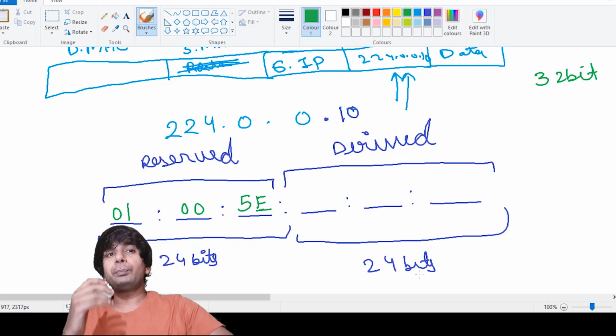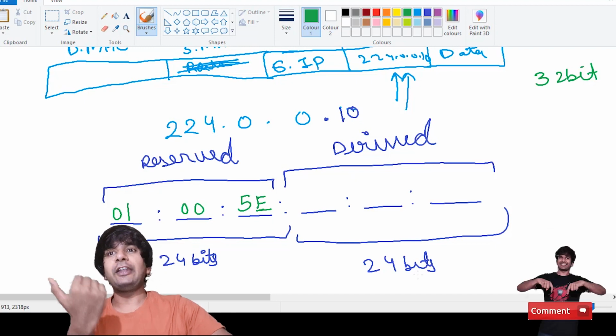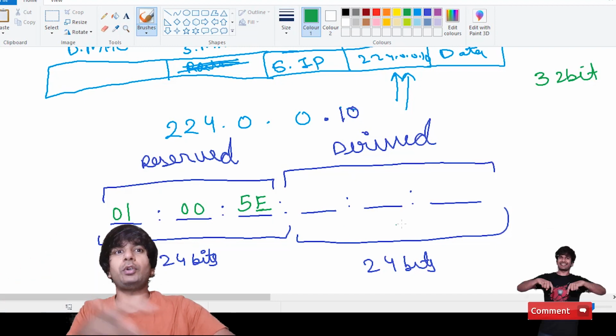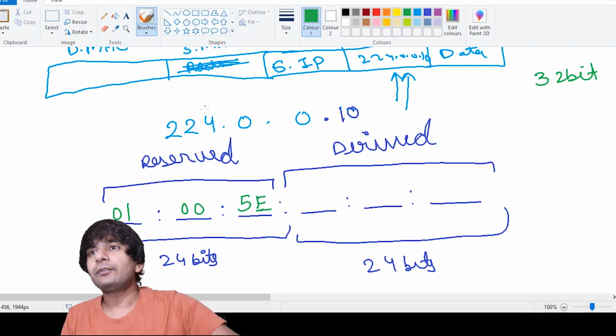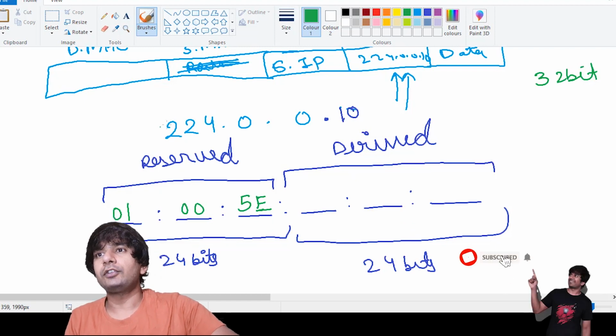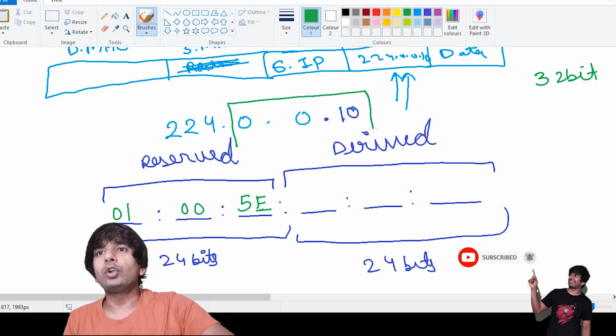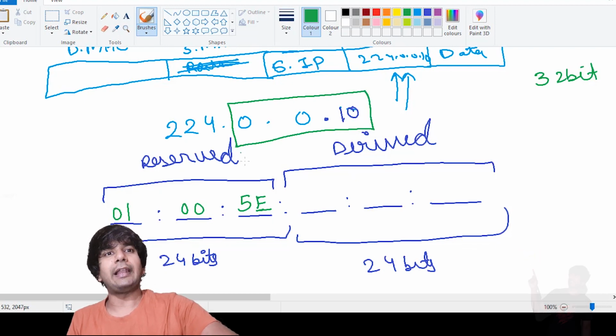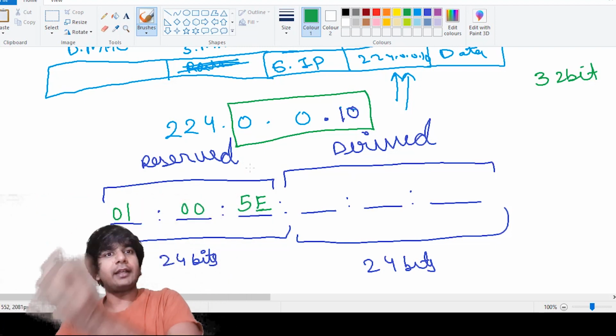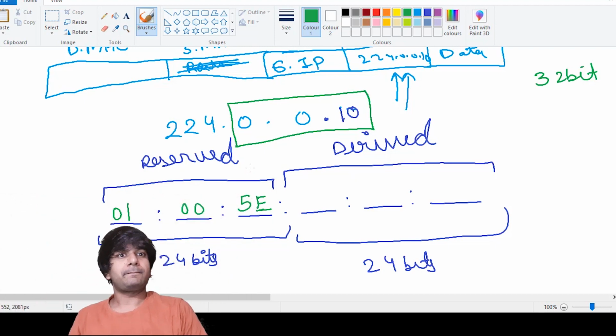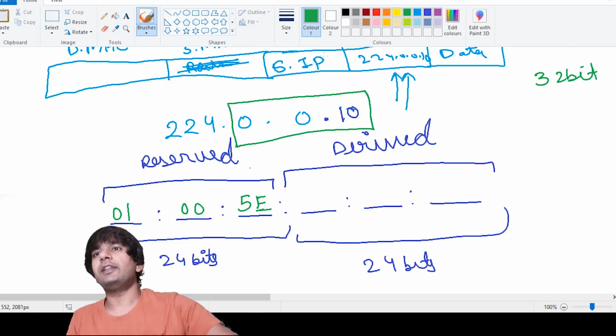So which bits will we take in order to derive these 24? Guys, we will not consider the first octet. We will just take the second, third and fourth octets in order to calculate the multicast MAC address of any multicast IP address, right?